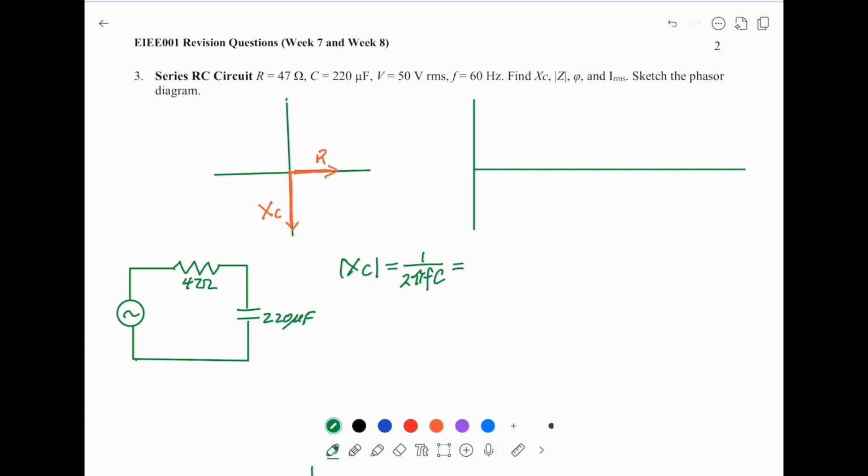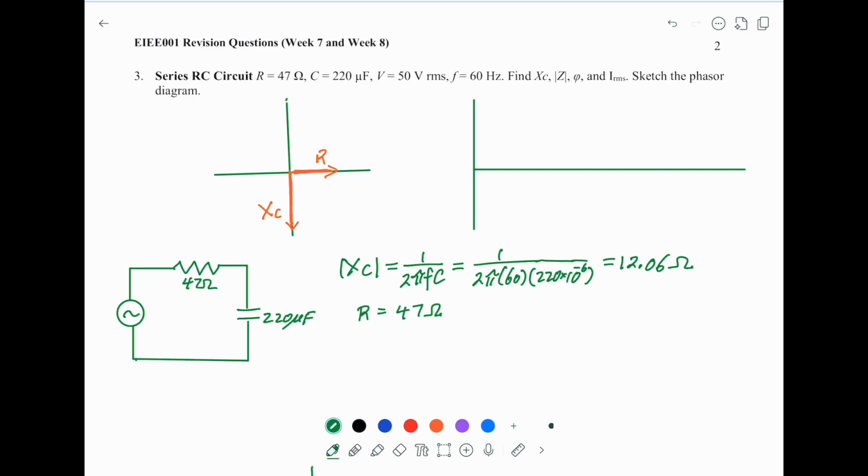So we can say this is 1 over 2 pi, and the frequency is 60 this time, and the capacitance is 220 times 10 to the power negative 6, and you will find this is equal to 12.06 ohm. And remember, R is equal to 47 ohm.